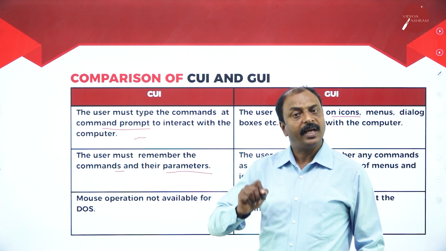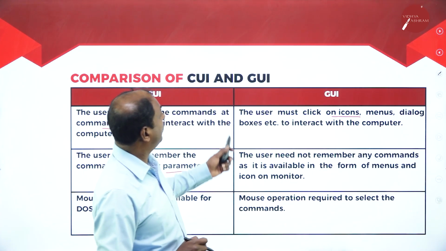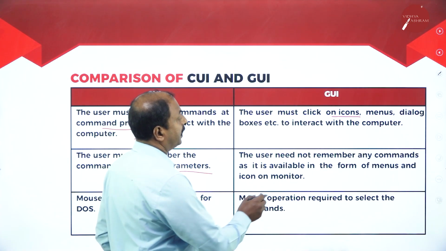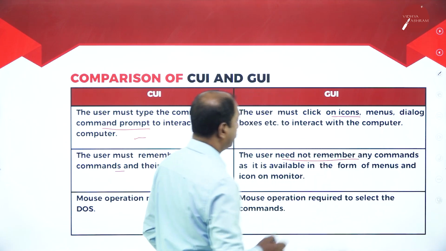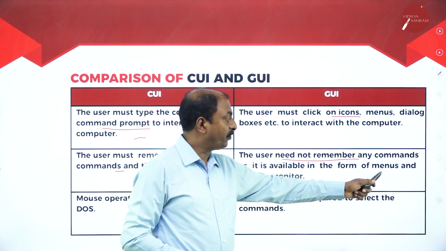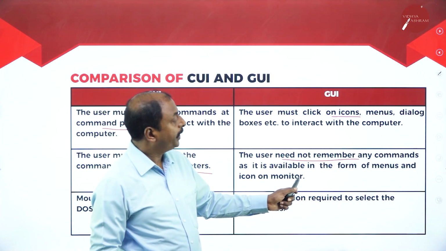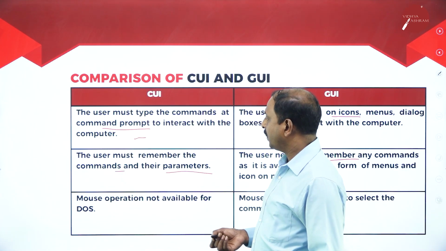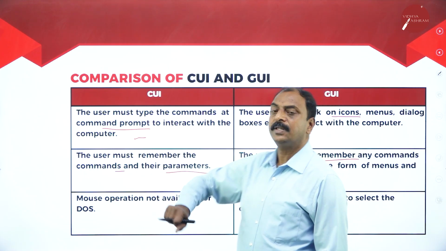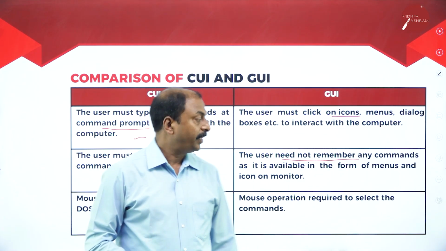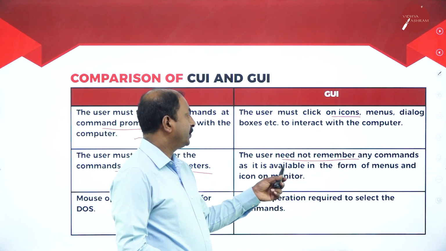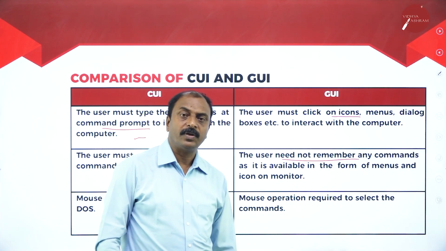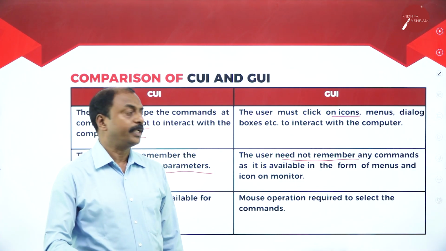But when it comes to GUI, the user need not remember the commands, because all these are available in the form of menus and icons on the monitor. So with GUI, the user need not remember any command for execution of any instruction.